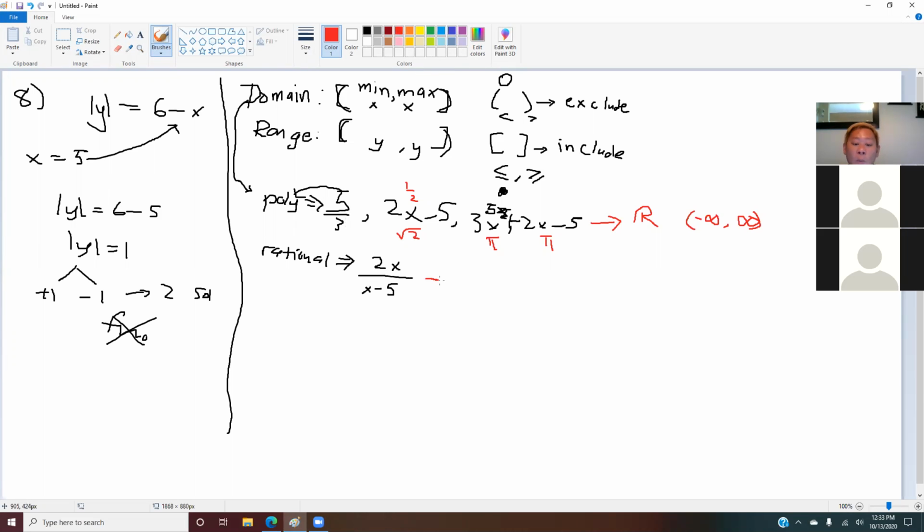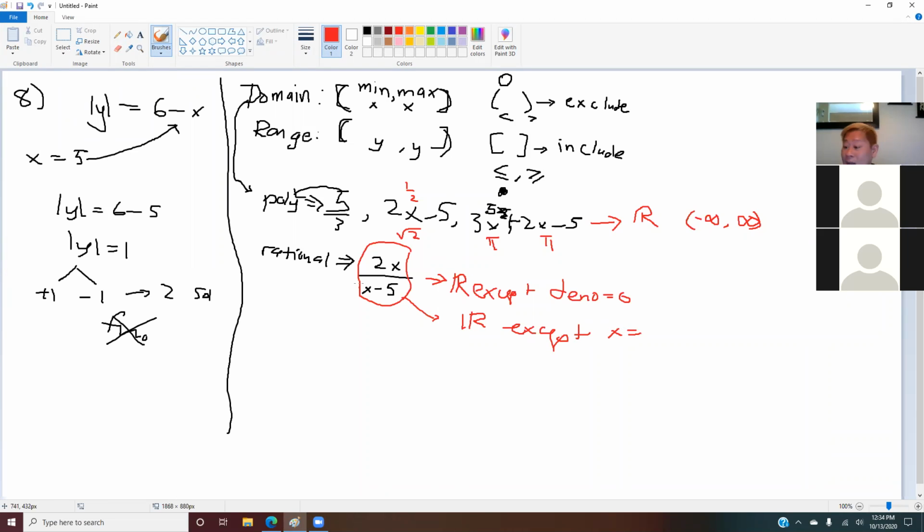So what is your domain in this case? Your domain is all real numbers except where the denominator equals 0. So the domain is all real numbers except x equals what?